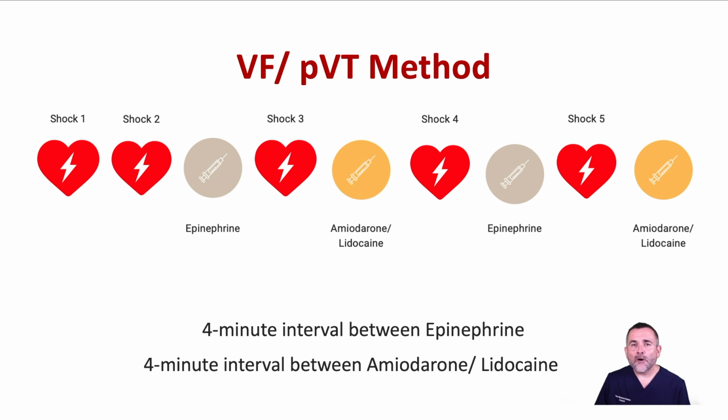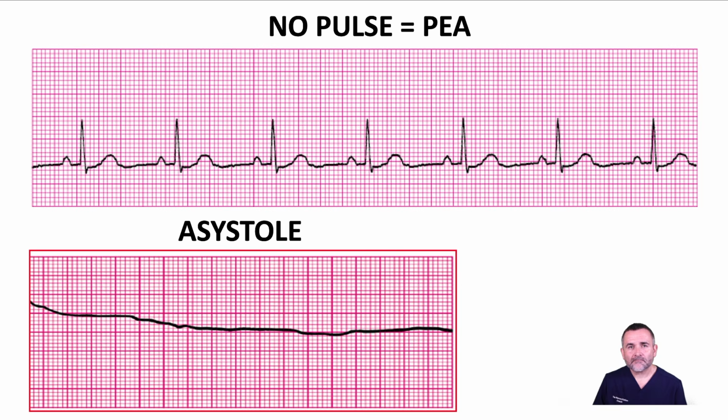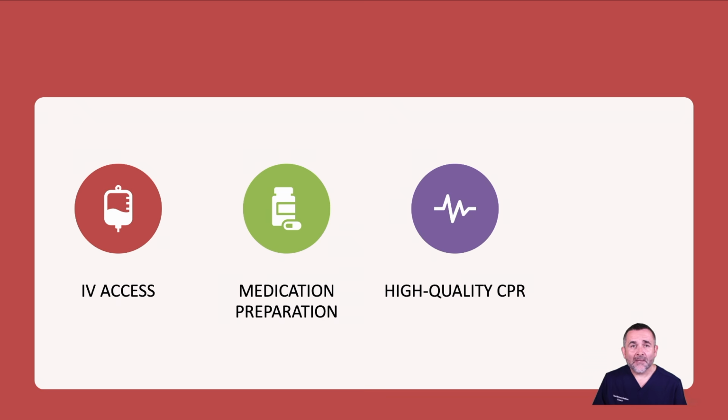Let's review our non-shockable cardiac arrest rhythms. The treatment for asystole and pulseless electrical activity, or PEA, is the same. If you find asystole, ensure that it's a true asystole. Follow the flatline protocol, check the ECG leads, and ensure the defib is set up correctly.